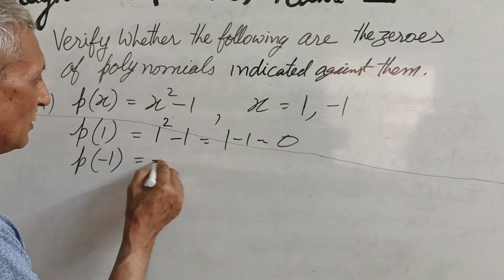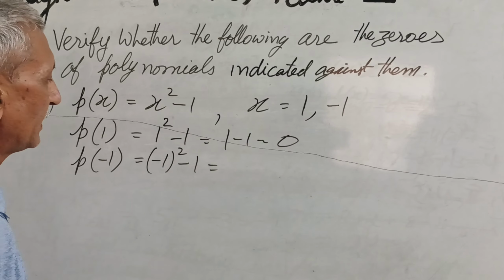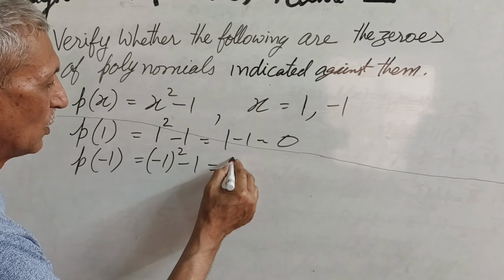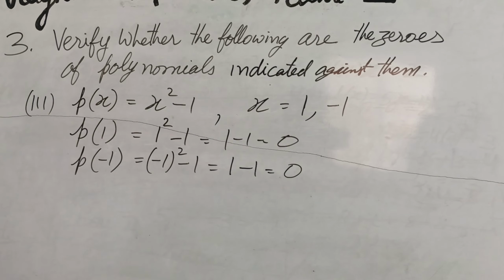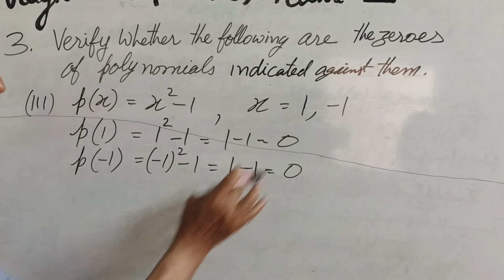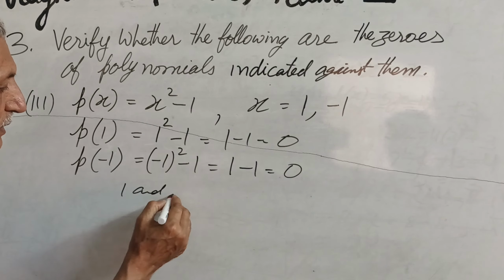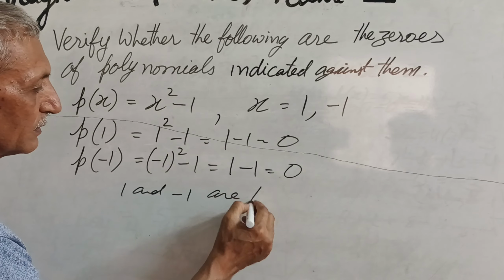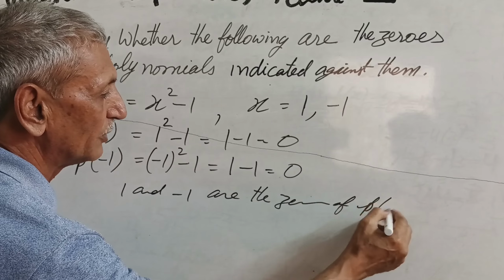This will give you minus 1 square minus 1, that should again give you 1 minus 1, that is again 0. That means both are zeros of the polynomial, right? So you can write here 1 and minus 1 are the zeros of the polynomial.